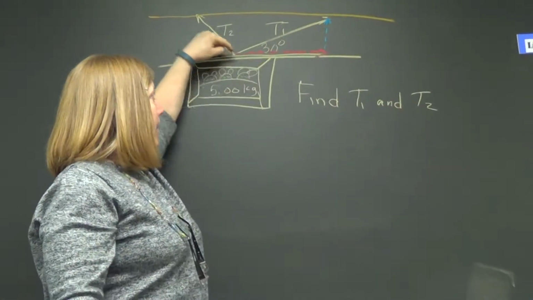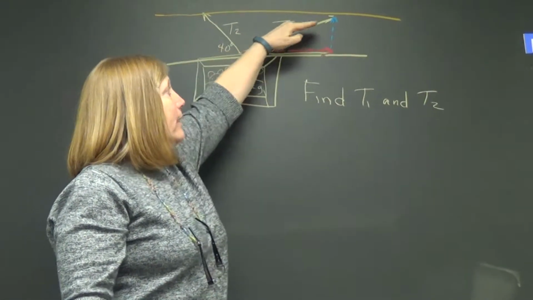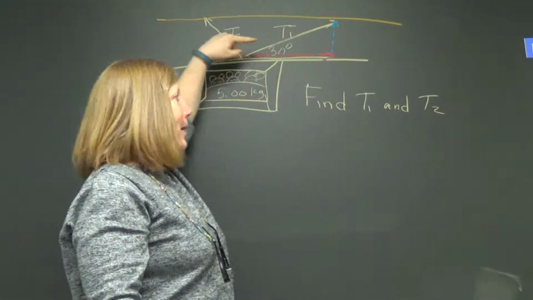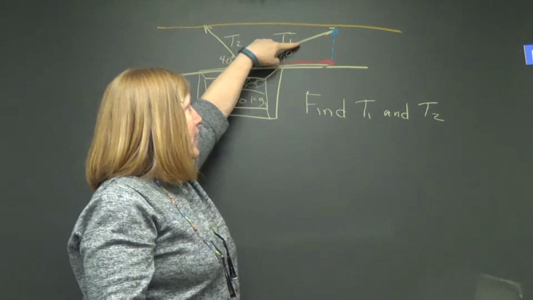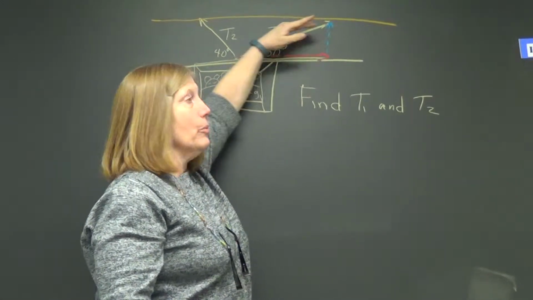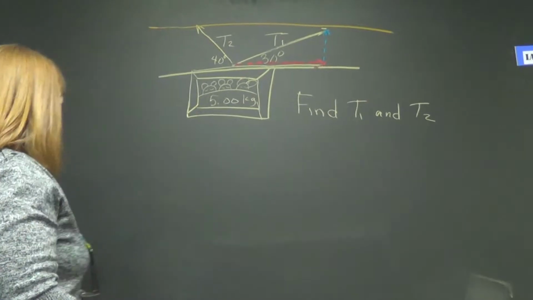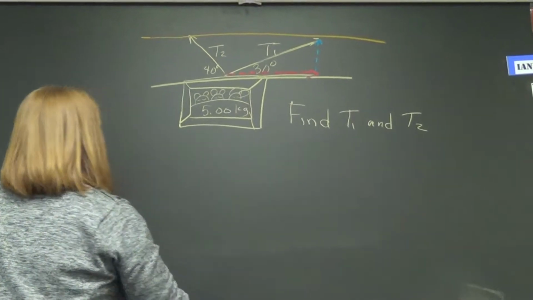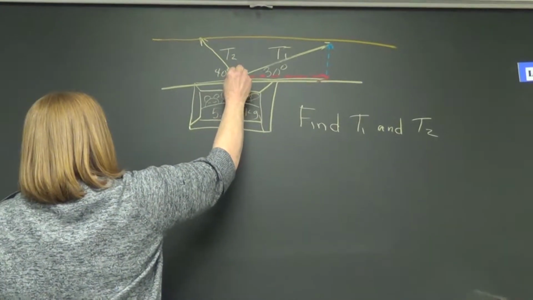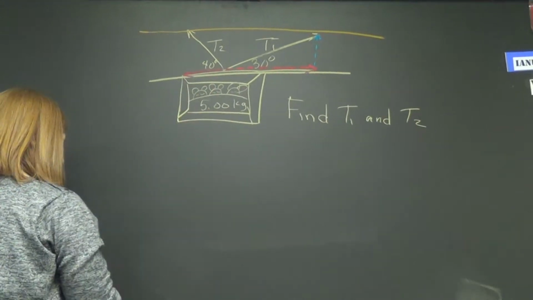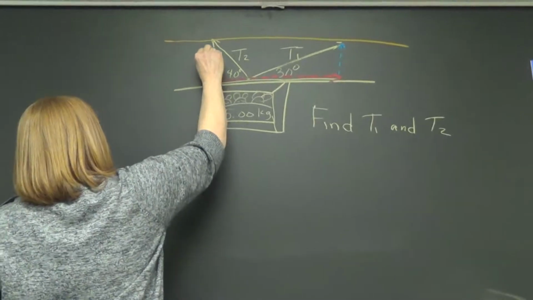So make sure it goes from the tail of this vector T1 to the head. Remember, we knew tension is always away from this object, so the yellow arrowhead is here, away from the picture that's hanging. So, all right, let's put in the red and blue on the other tension force. So this one's going to go from the tail to the head. Notice it goes to the left and then up.